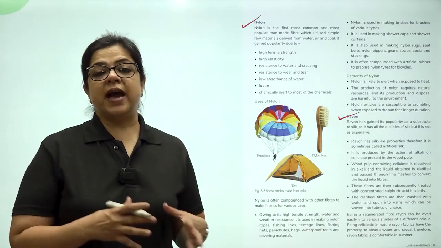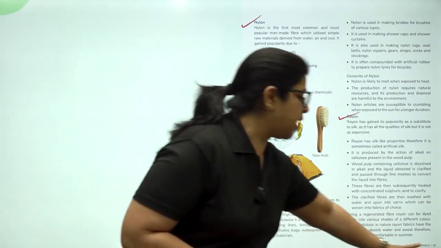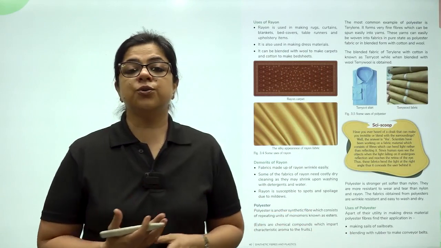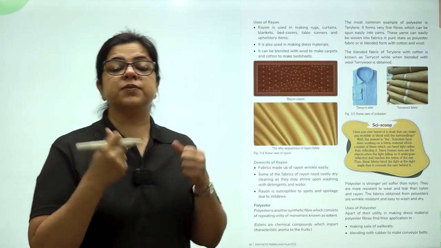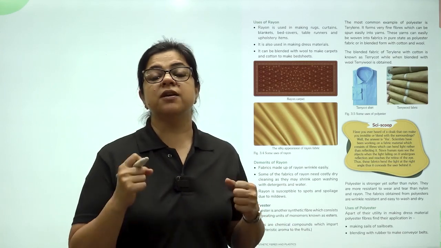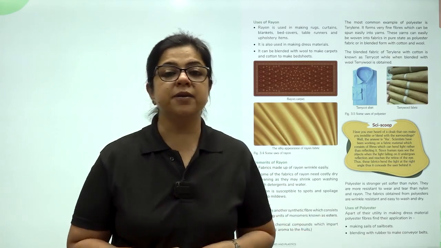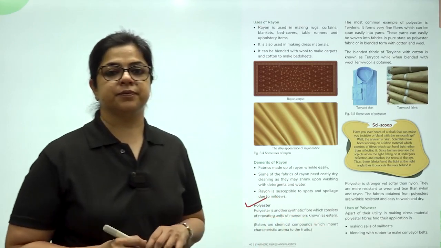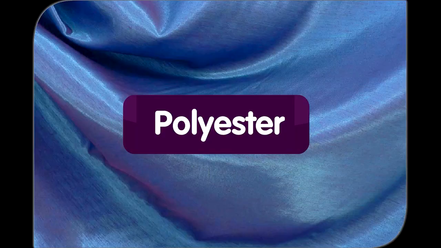So now with nylon and rayon, we understand how we are creating easy to use fabrics. Not only easy to use, fabrics which are very strong, fabrics which dry easily, fabrics which are very easy to store and maintain. Let's move on to polyester. Polyester is also a synthetic fiber made up of monomers called ester.